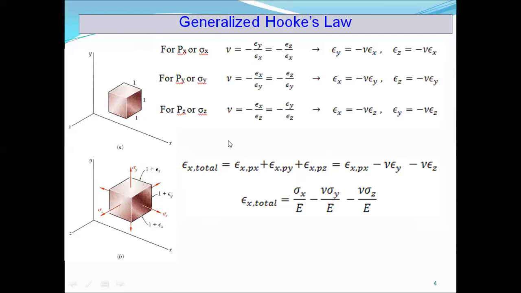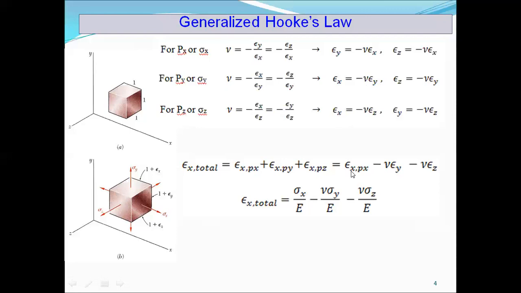So here we are adding all of the strains that happen because of all these three loads using the principle of superposition. So epsilon x due to load Px, minus mu epsilon y for epsilon x due to Py, and minus mu epsilon z for epsilon x due to load Pz.